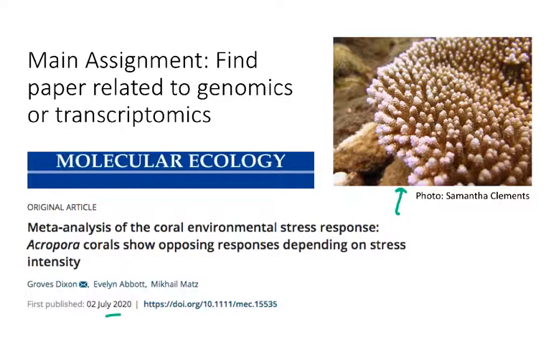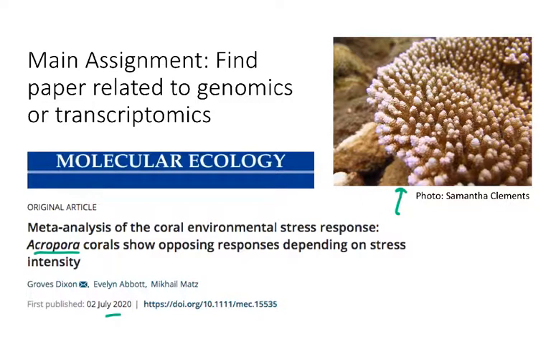In this paper, what they did is they were again looking at the gene expression response of these different corals in response to different types of stress. And they actually found that there were two different general stress type responses in these corals, depending on whether the stress they were exposed to was considered high intensity or low intensity. And of course, this is relevant because many corals worldwide are bleaching and dying because of climate change.